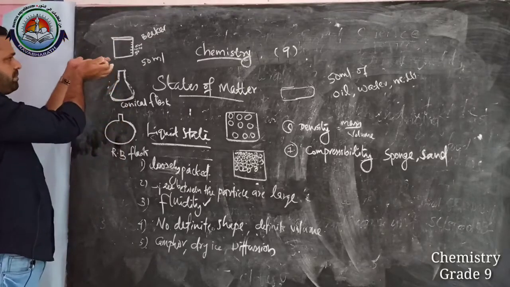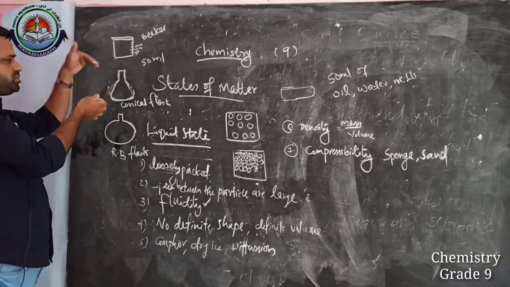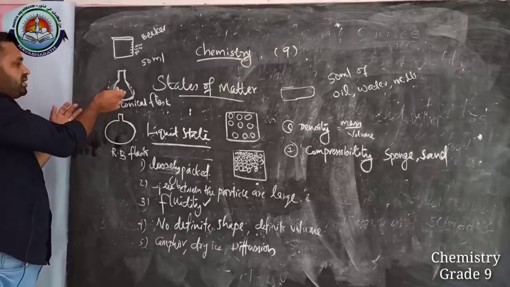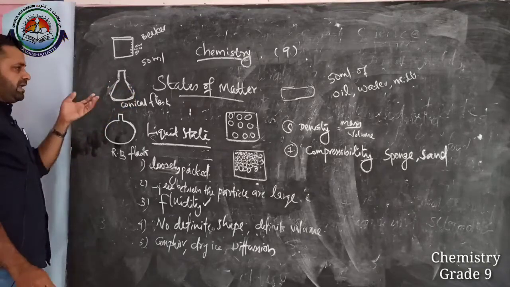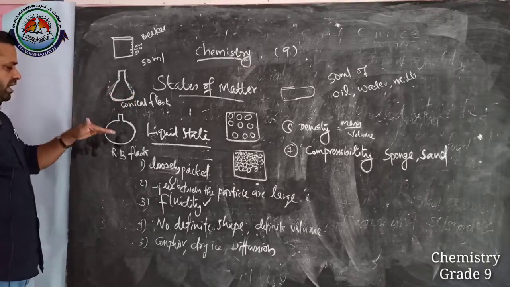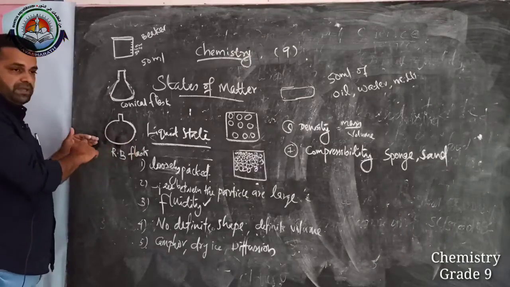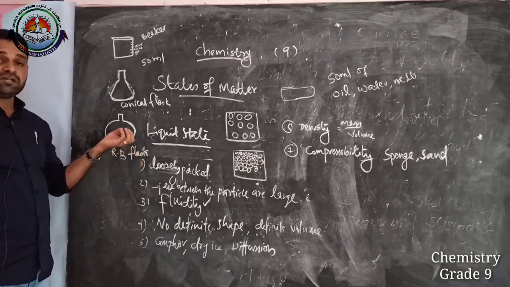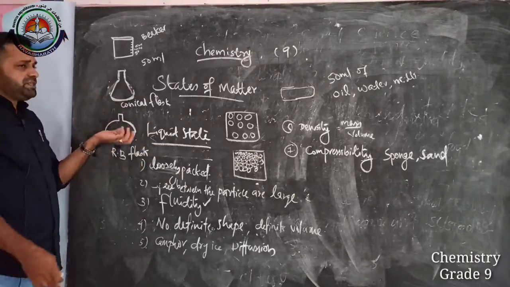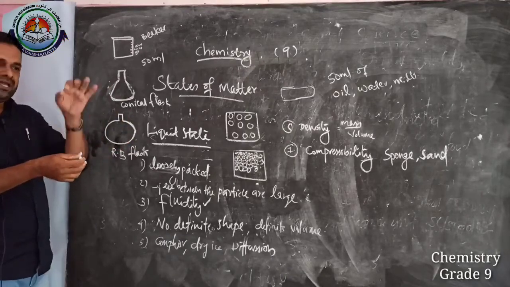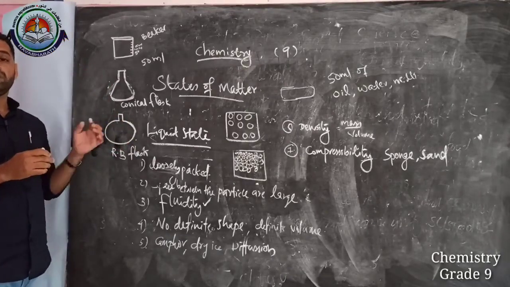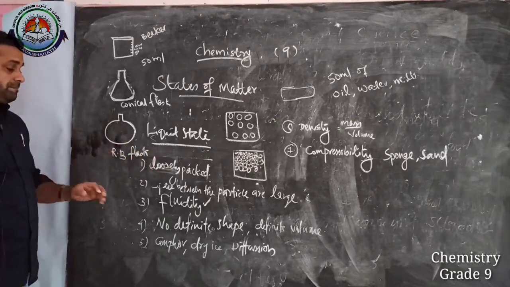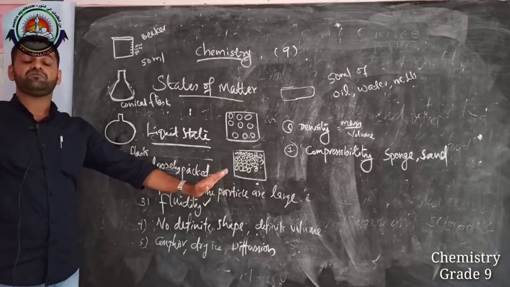When we pour the same quantity into a conical flask, it will take the shape of the conical flask. And when we take the same amount of water in an RB flask, it will be in another shape, isn't it? When we take the same amount of water in a boiling tube, it will have the shape of the boiling tube. So liquids take the shape of the container, they do not have any definite shape, but they have definite volume, isn't it?